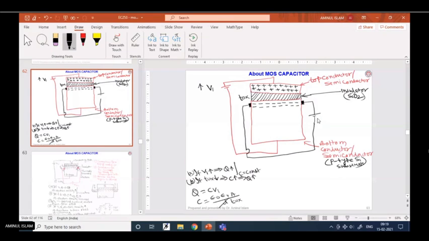Another supply voltage V2 I'm connecting. What will happen now? The negative terminal of the battery is connected to, say, point B this side, and this side I'm calling A. Right? And what will happen?